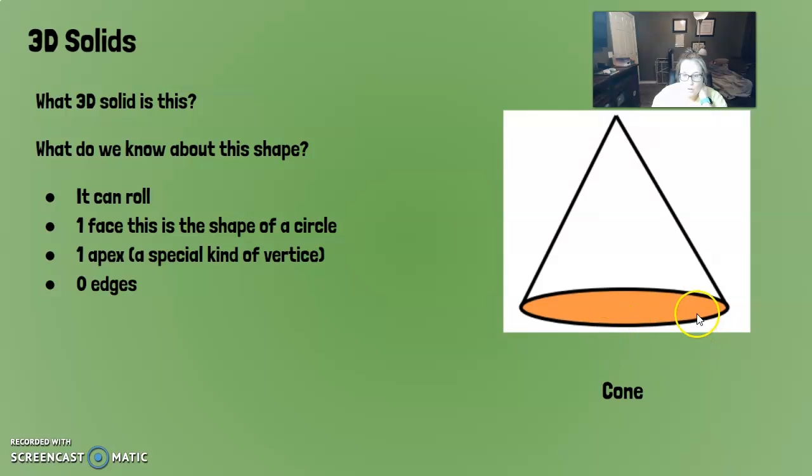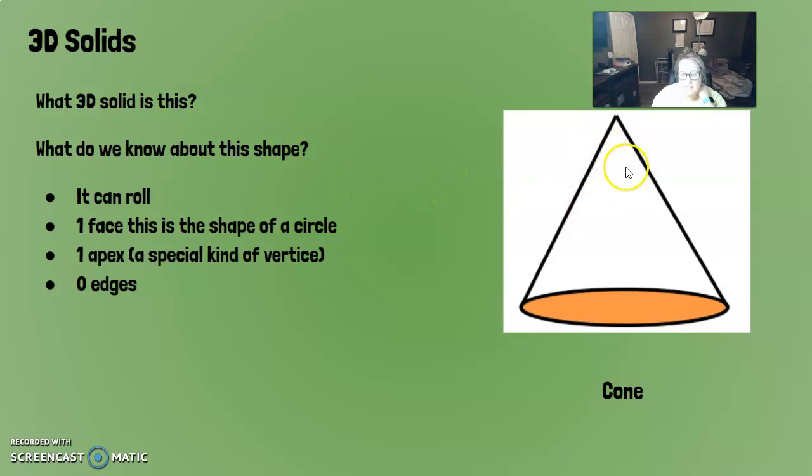It has 1 face, and it's highlighted here in orange, and it's the shape of a circle. And it has 1 apex, which is a special kind of vertex, but that's where they all come together, and there are 0 edges. Since it only has 1 face, it can't have anything else that can come together with it, so there are 0 edges.